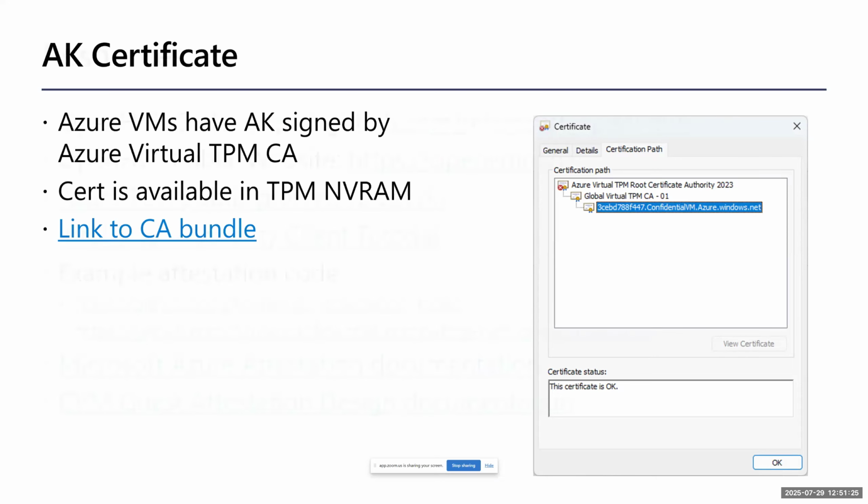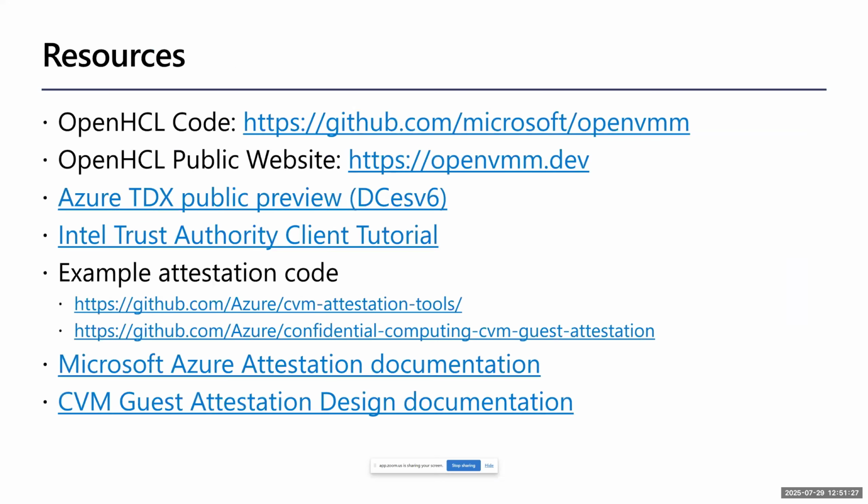I've collected a bunch of resources that I think will be of interest to people after this talk. The first two are for the OpenHCL open source code: a link to the GitHub repository and a link to our public developer website. Right now, I don't know if I mentioned, but we have two different HCL implementations in Azure.